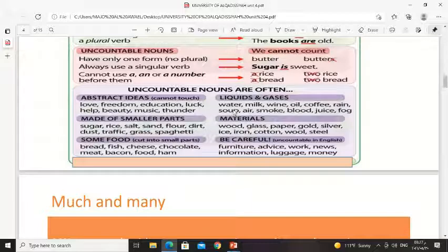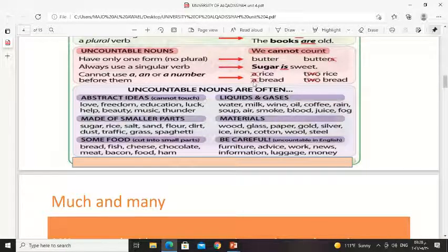ما نقدر نعد قطرة، لكن ممكن أن نعد لترات، ممكن أن نعد زجاجة من هذه المواد، لكن هذه المواد بحد ذاتها لا يمكن أن نعدها. ممكن أن نعد tube of blood، لكن لا يمكن أن نعد blood وحده. Materials: wood, glass, paper, gold, silver, ice, iron, cotton, wool, steel.